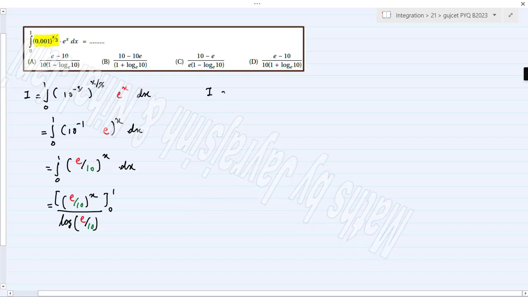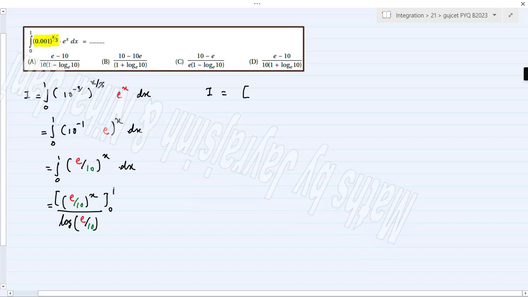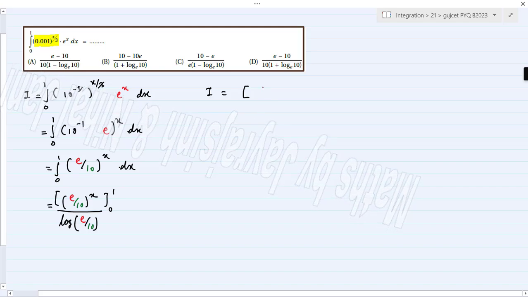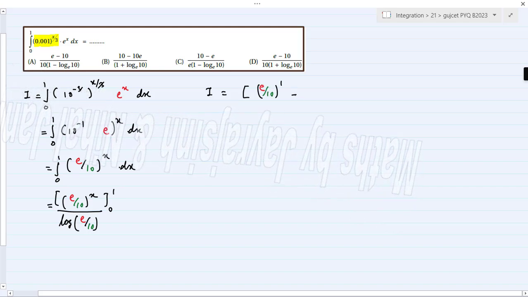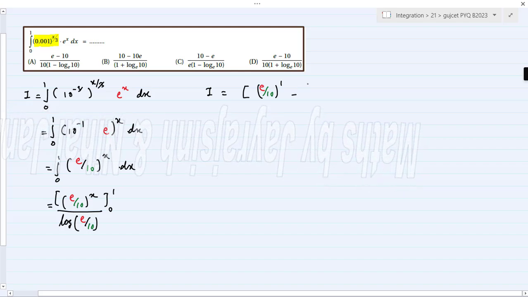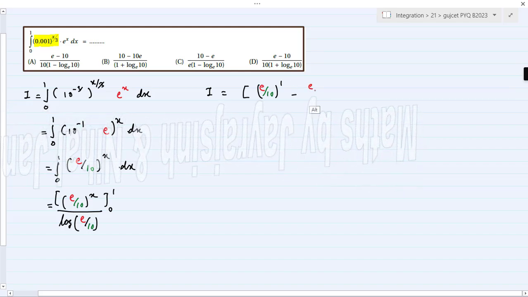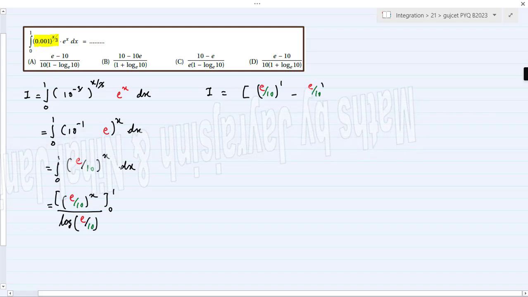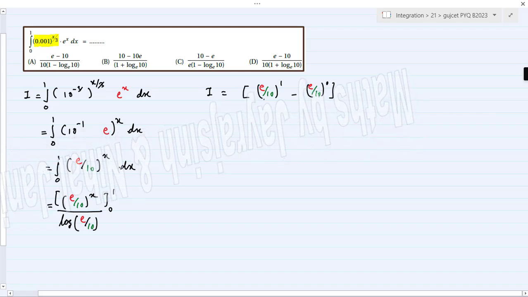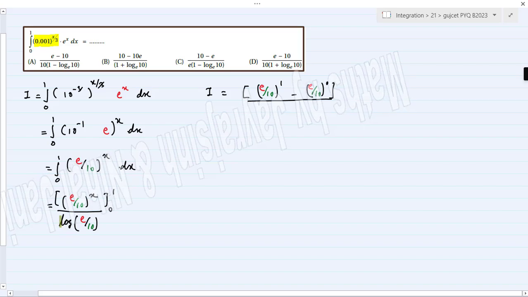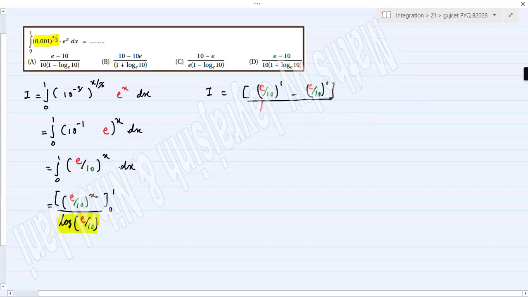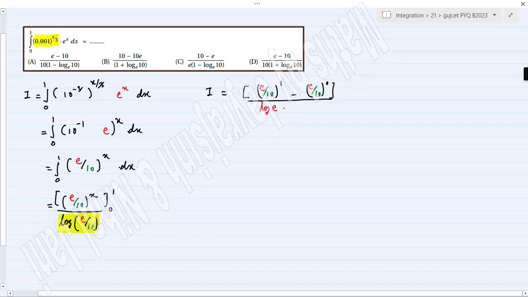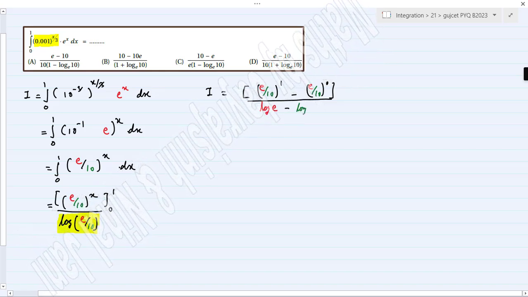Now let's apply the limit. From the upper limit we will get e by 10 raised to 1 minus, from the lower limit, e by 10 whole raised to 0, upon log a by b, which is log a minus log b.